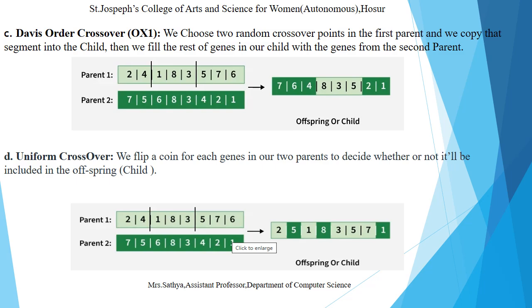First parent 1, second parent 2, then parent 1, parent 2. The first goes to parent 1, second to parent 2, third to parent 1, fourth to parent 2. Like that it goes uniformly, and that is called the uniform crossover.